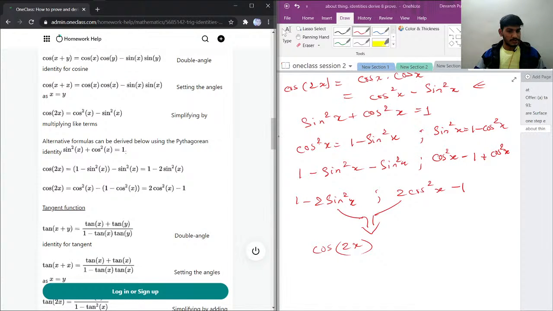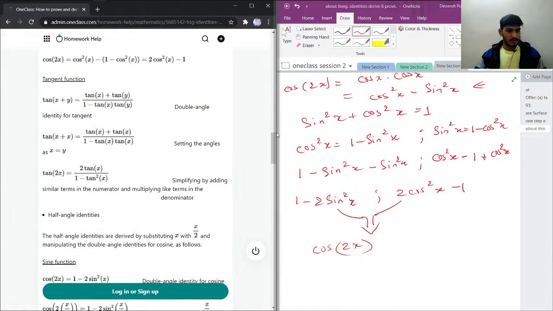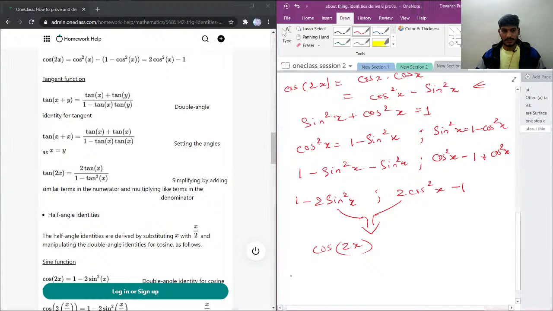So the same solution is given by the junior tutor, and we have tangent of x plus y, which is equal to tangent of x plus tangent of y over 1 minus tangent of x tangent of y.